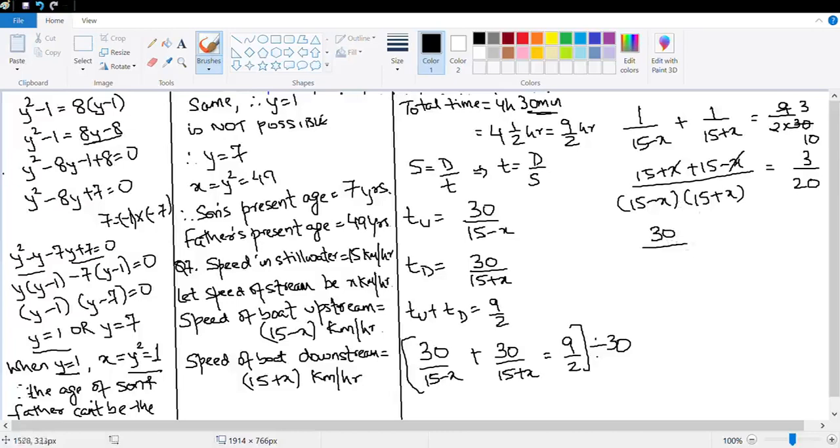Here it is 30. This is a minus b into a plus b, which is a square minus b square. 15 square is 225 minus x square is equal to 3 upon 20. Let's cross multiply. This is 30 into 20, which is 600, and this is 3 into 225, that's 675 minus 3x square.